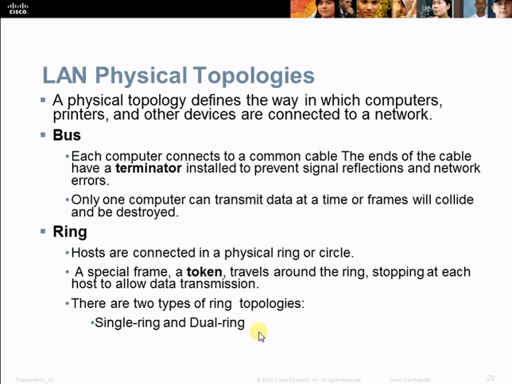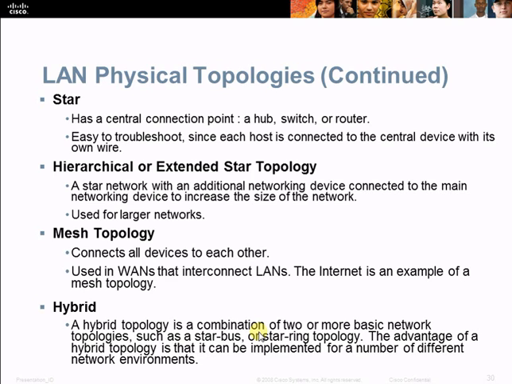So we have some other types. We have star, where there's a hub or a switch and everybody's connected to that hub or switch. In the hierarchical or extended star topology, it's a star network, but there could be multiple stars within the network.